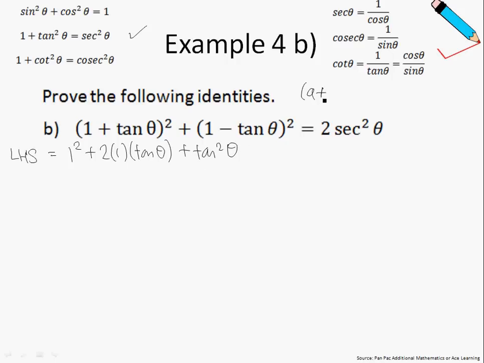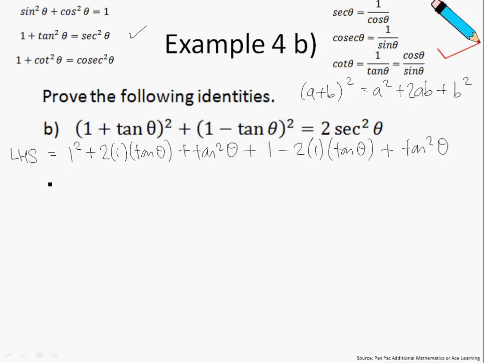Recall that (a plus b) squared is just a squared plus 2ab plus b squared. This is what I'm using over here. How about (1 minus tangent theta) squared? This is just 1 minus 2 times 1 times tangent theta, plus tangent theta squared.